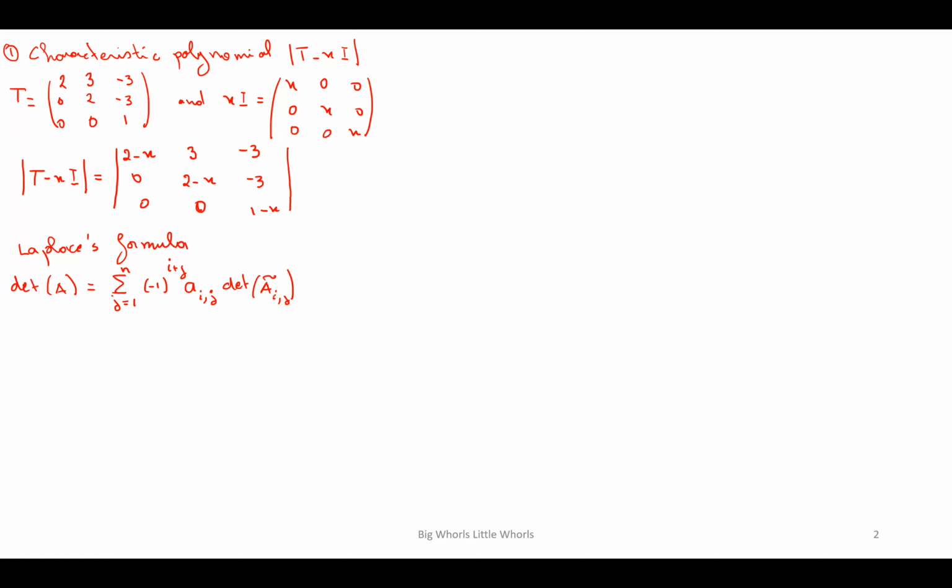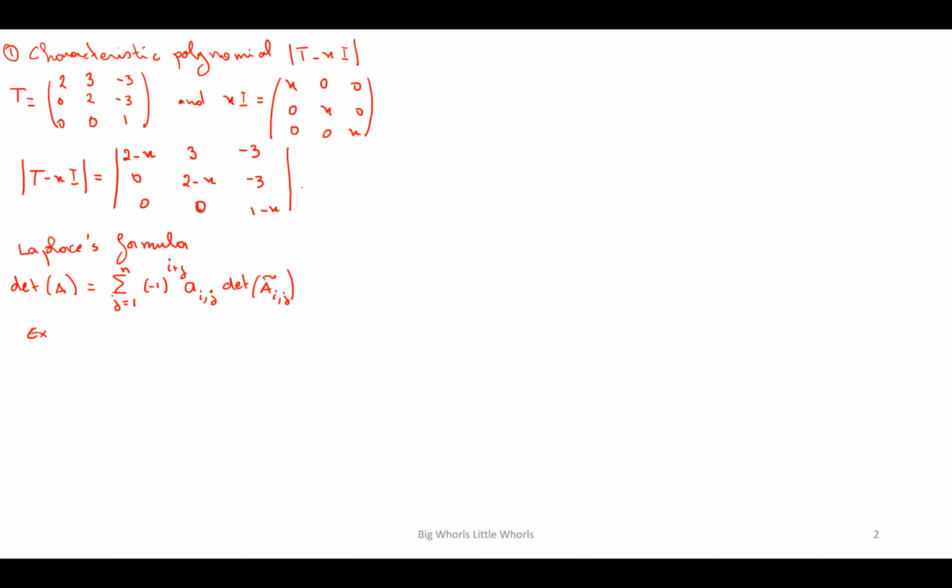I'm sure you remember how to get the minor. The matrix Ã_ij is the matrix we get if we delete row i and column j of the big matrix A.